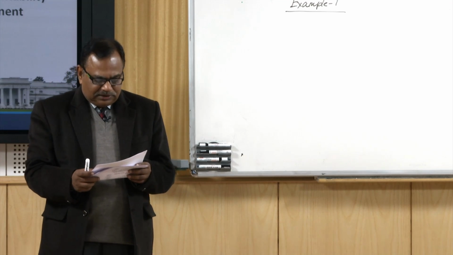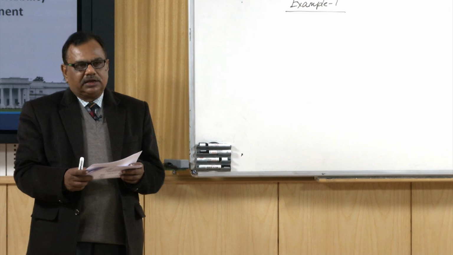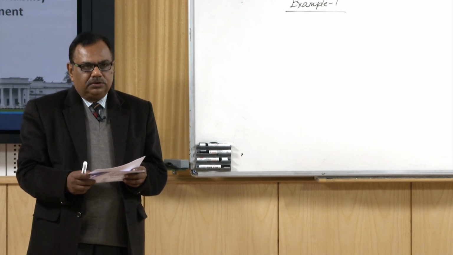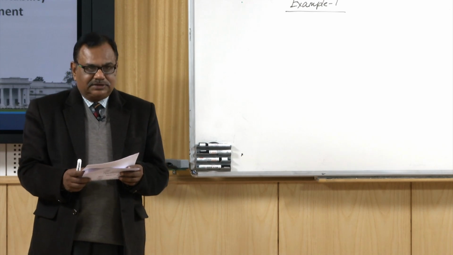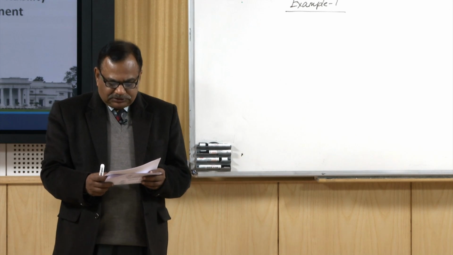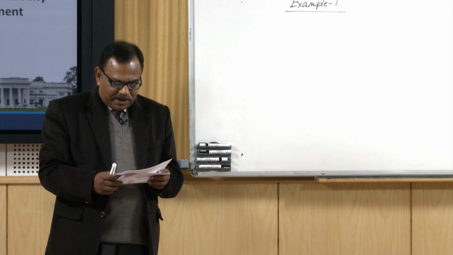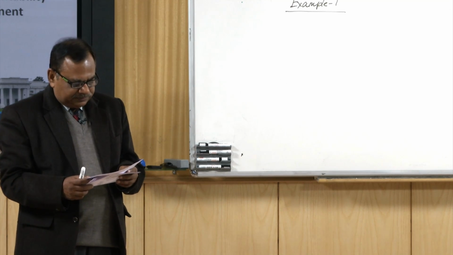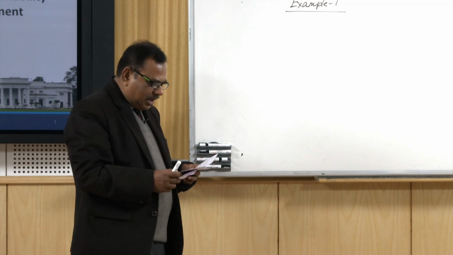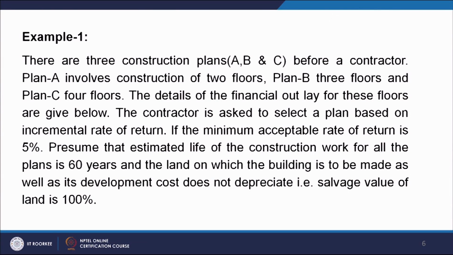The details of the financial layout of these floors are given below in the table. The contractor is asked to select a plan based on incremental rate of return. If the minimum acceptable rate of return is 5%, presume that the estimated life of the construction work for all the plans is 60 years and the land on which the building is to be made, as well as its development cost, does not depreciate, that is, salvage value of the land is 100%.